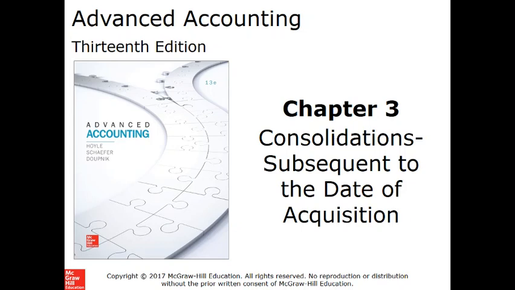The A entry is the allocation of excess value, excess fair value to the identified assets that have excess fair value. Or, in some cases, the fair value might be less than book value, so you have to deal with that.